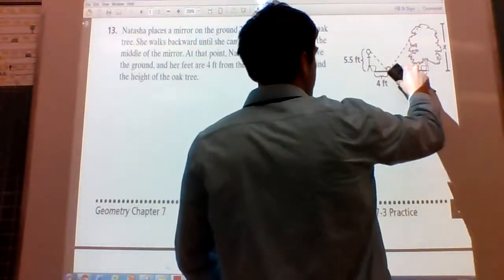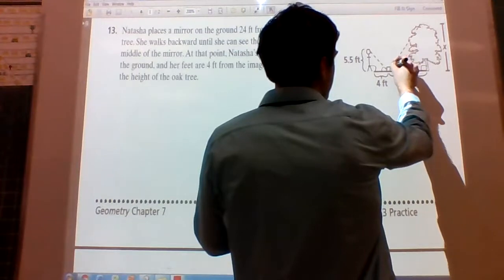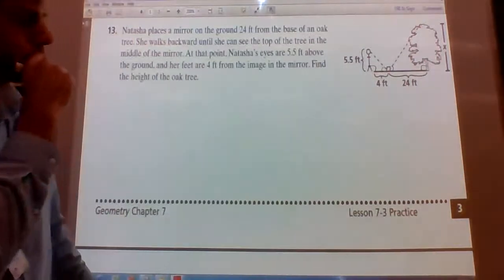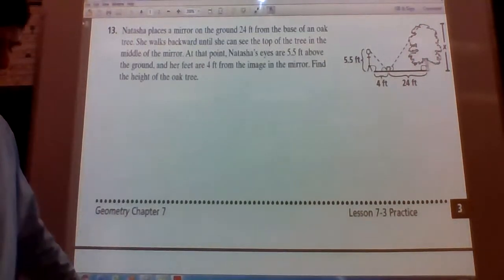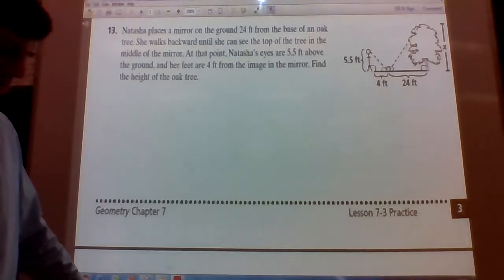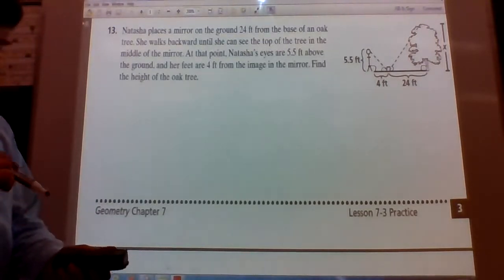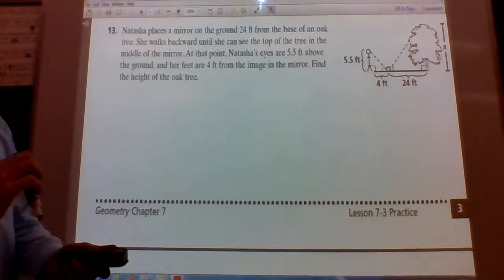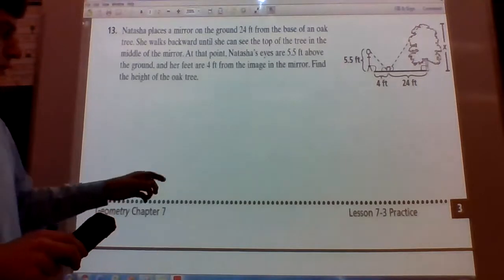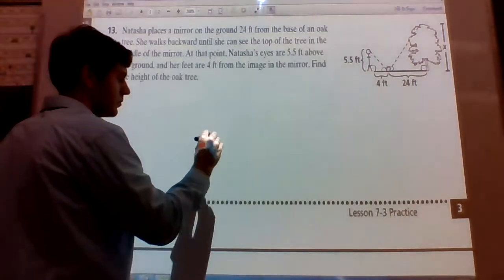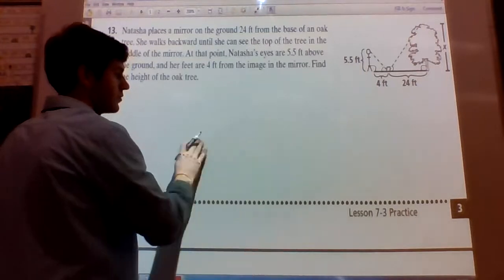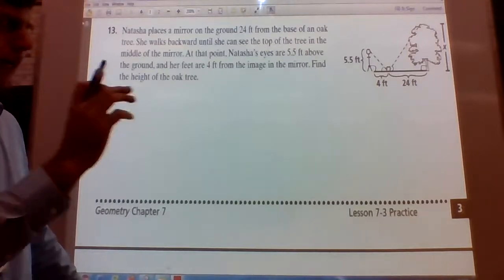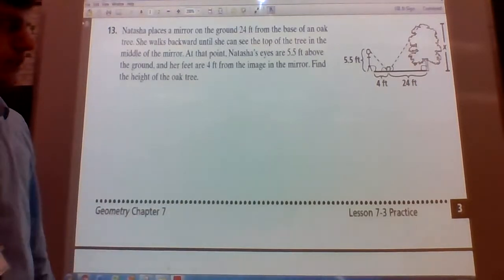These angles are going to be the same. It's going to come off at the same angle that you hit the mirror at. I think I'll edit the video if that's wrong, but that's what's going to go.